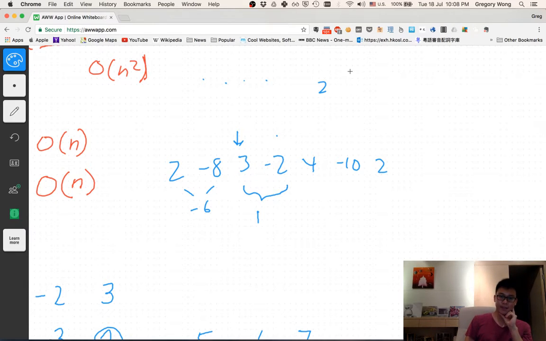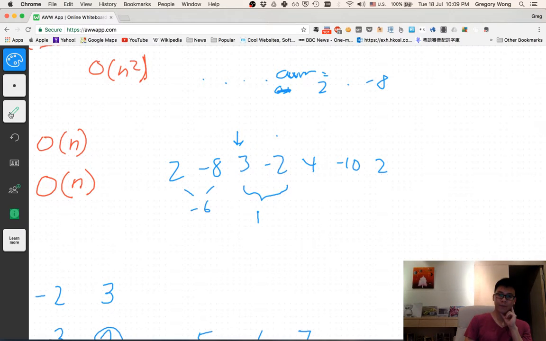The next number is a negative number, so I look at my current sum of 2 and the next number, which is -8, and see whether I want to add this number. And adding it doesn't help because I get -6.